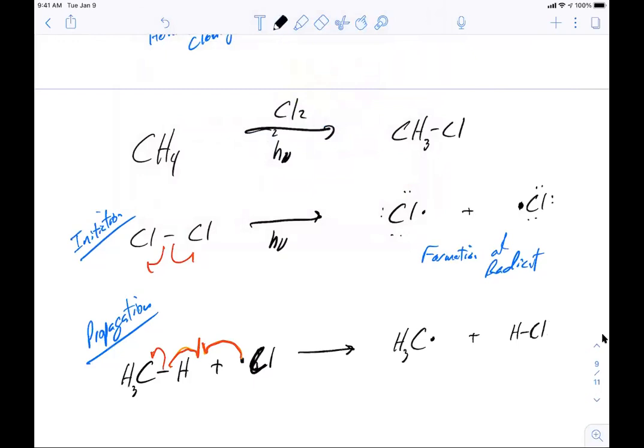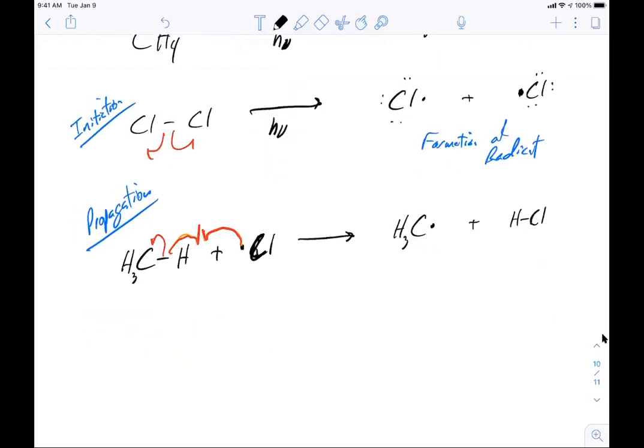So the first step is actually abstracting a proton. The second step of the propagation is then going to be that methyl radical reacting with chlorine.